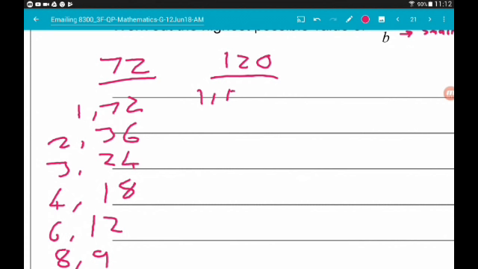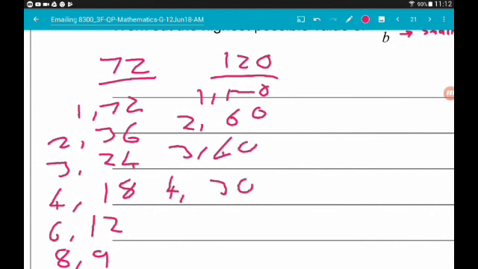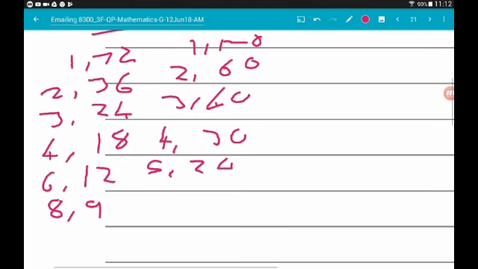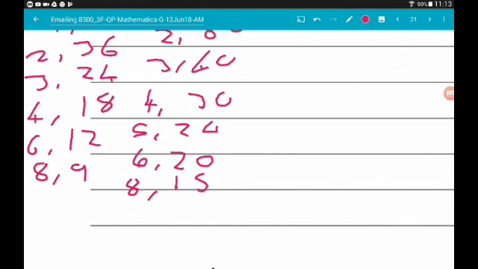So we got 1, 120, 2, 60, 3, 40, 4, 30, 5, 24, 6, 20, 8, 15, and 10 and 12.